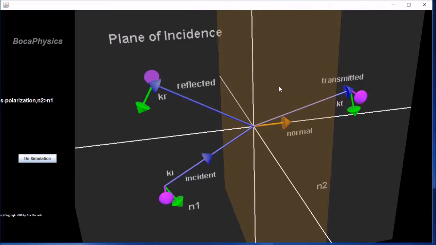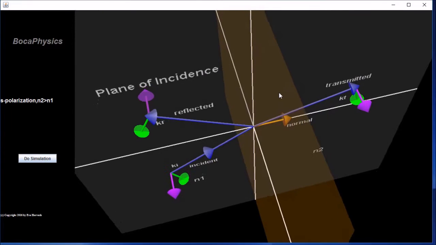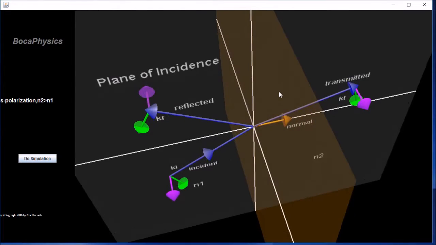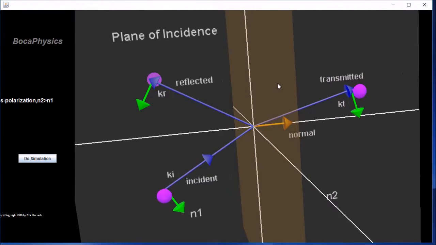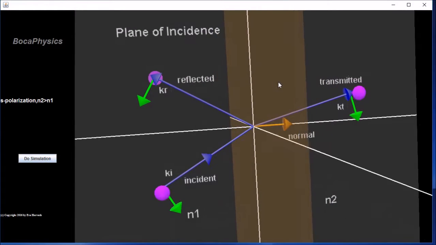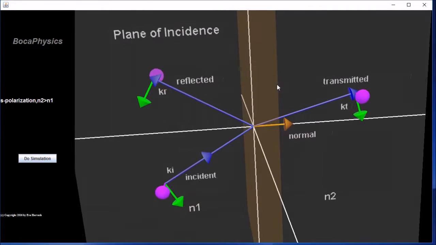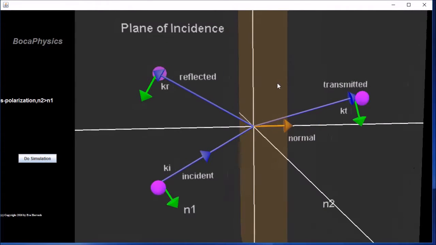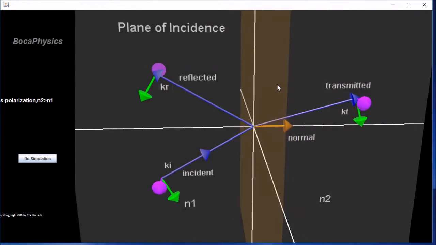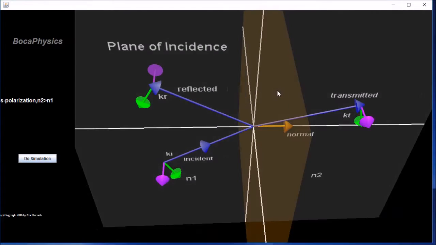In this case, the coefficient of reflection is negative, so this means the electric field of the reflected wave points in the opposite direction, or into the screen from this point of view. Magnetic fields of the incident, reflected, and transmitted waves, however, are not parallel or anti-parallel to each other. They can point in a range of directions, and they lie in the plane of incidence. And which way they point depends on the direction of the wave vector.